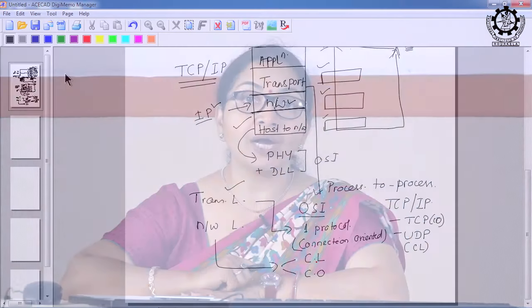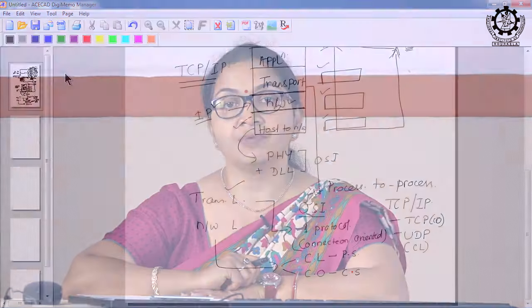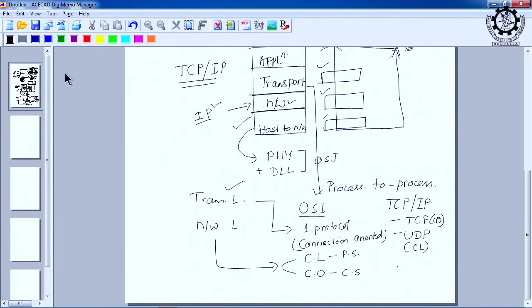So, you have two kinds of routing protocols or networking protocols in the OSI reference model. One is circuit switching and another is packet switching, right. Packet switching being the connection less and circuit switching being the connection oriented protocol for the network layer of the OSI reference model. While coming to the TCP/IP, it is just the reverse.